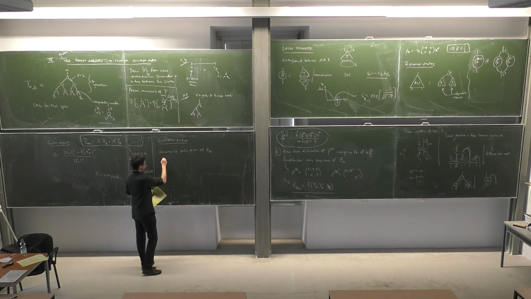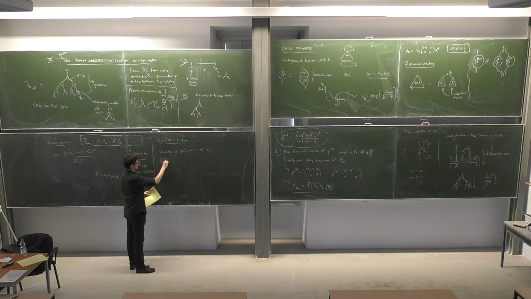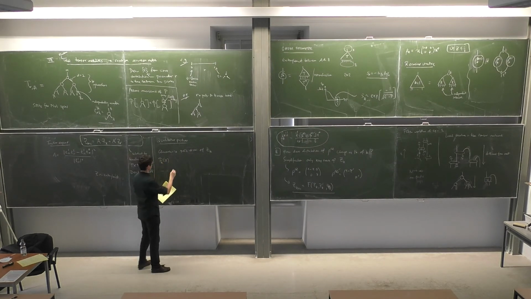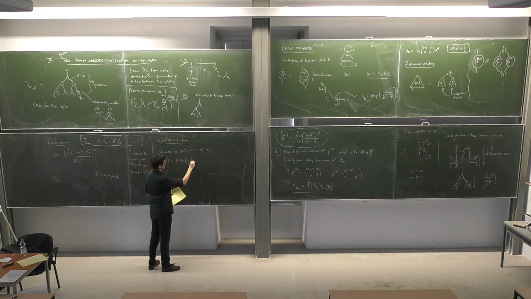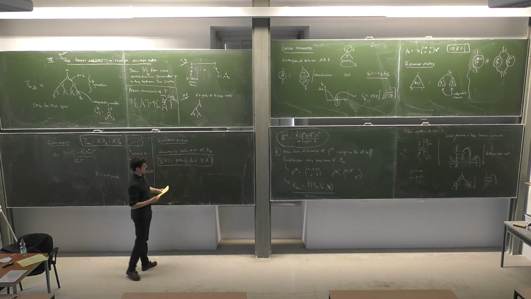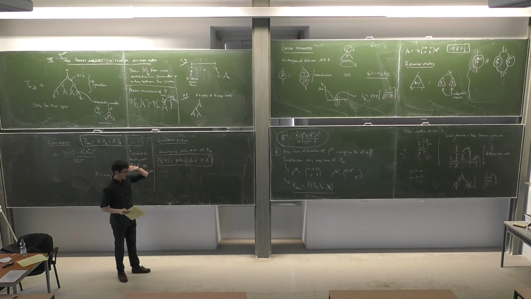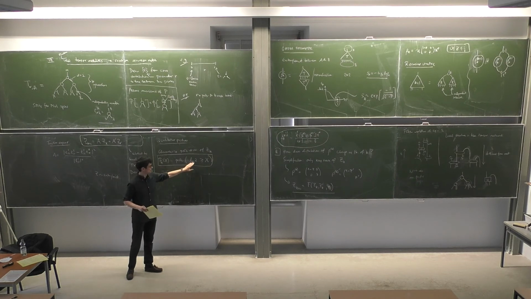So let me define something, maybe the notation is a bit confusing, but let me call it pk of x, capital X, which is just the probability that the logarithm of z is greater than or equal to x. It's basically one minus the cumulative distribution of the logarithm of z.